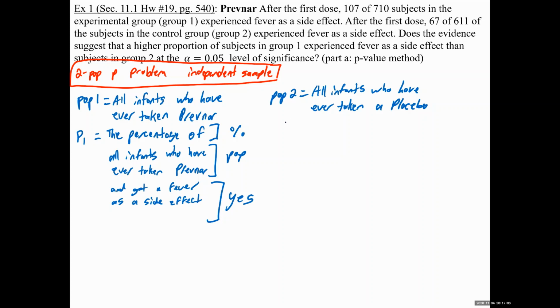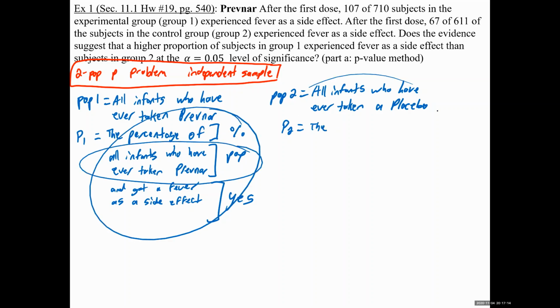Okay. Then you're going to write down what P2 is. That's also a percentage. Basically, it's going to look exactly like this. Just the population is going to change to our population over here for population 2.